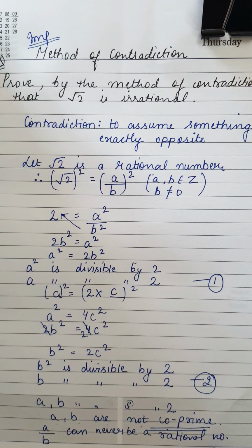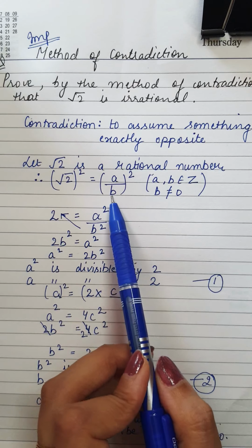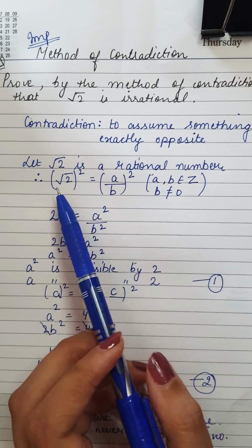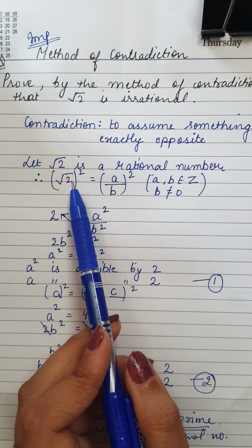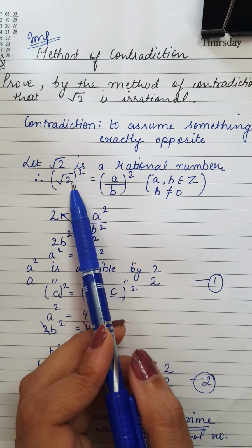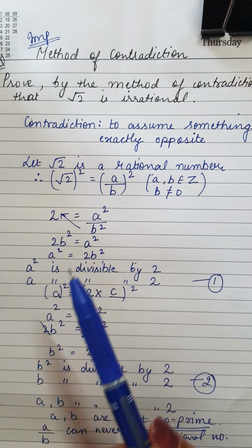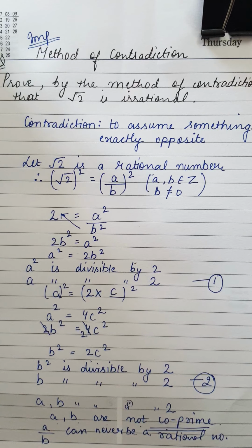And so since this is not a rational number, √2 is not a rational number. So what I am left with is that √2 has to be an irrational number. Got it? So I hope this method is clear to you.